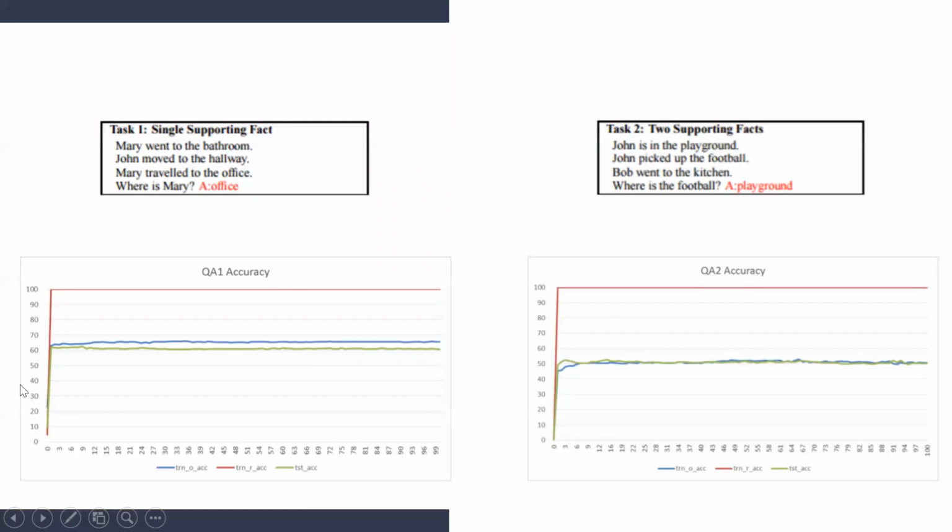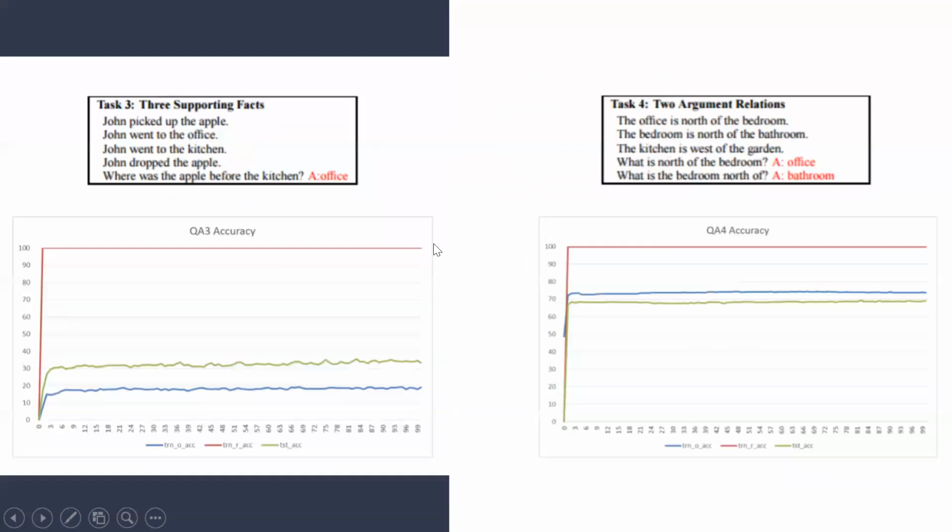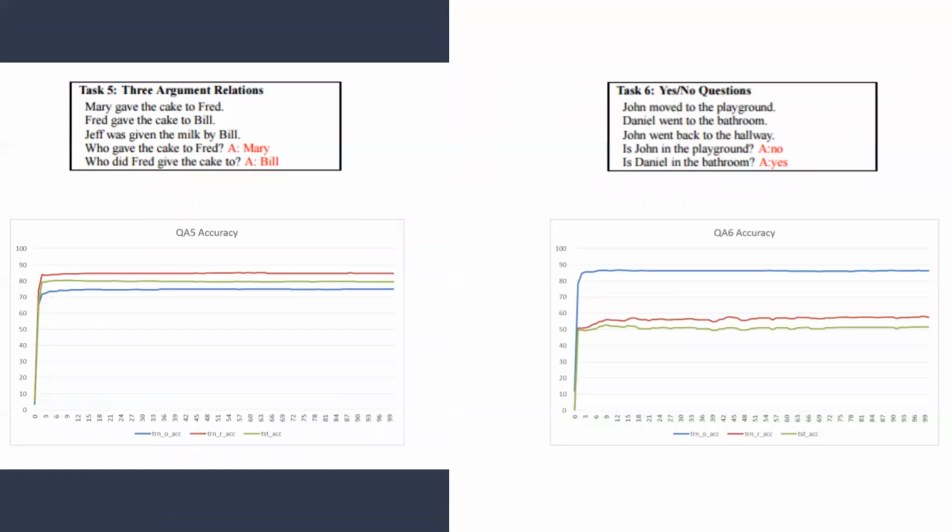And now we can also see the graphs that we got for comparing accuracy and performance. The third task was three supporting facts. The fourth task was two argument relations, and you can see the respective graph for each of them for the performance.